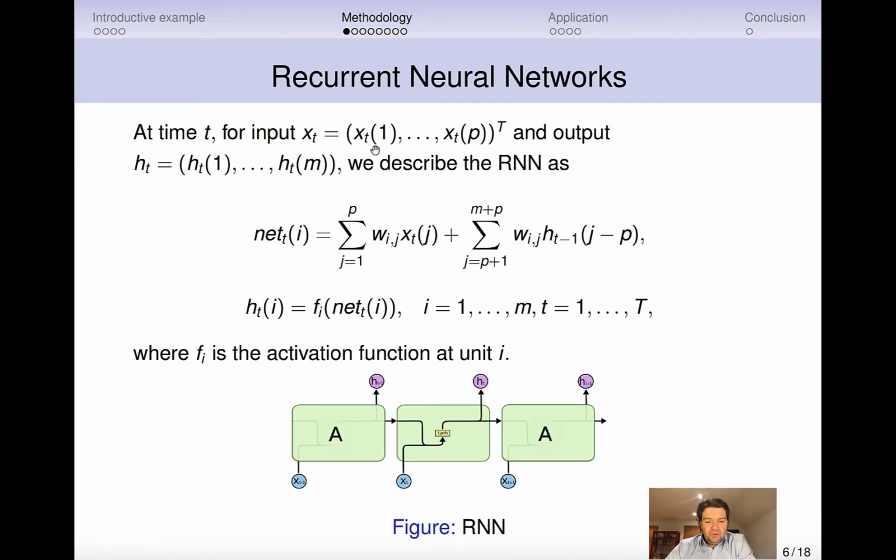And we have an output, denoted ht, with m dimensions. That can be prediction of the next m values, prediction at time t plus 1, that can be a lot of things. This is an output. This is a target.